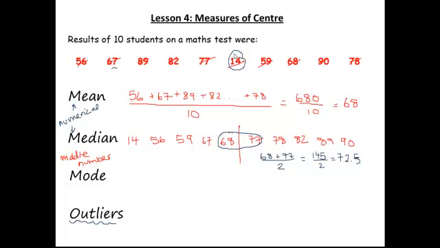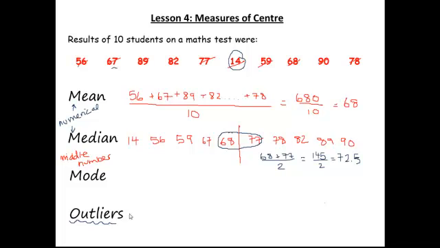So a score like 14, because it's an only really low score, is going to make your mean value a lot lower than it would be if you hadn't included 14. And you can go ahead and try and calculate the mean without 14 to see what kind of difference that makes. However, because the median is just the ordered data, if this first value here was 14, or if it was something else like 50, just another low score, your median wouldn't be affected at all because you'd still have the same order there.